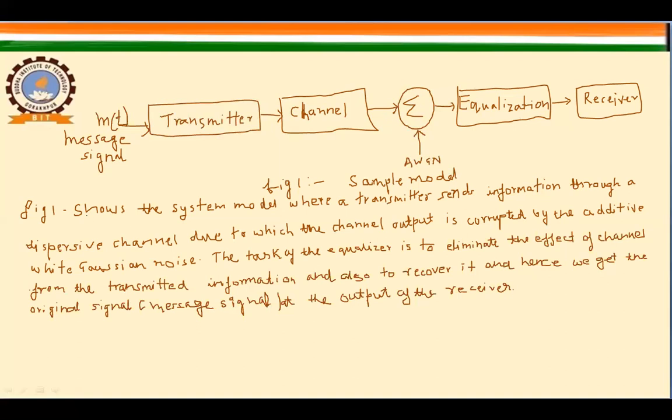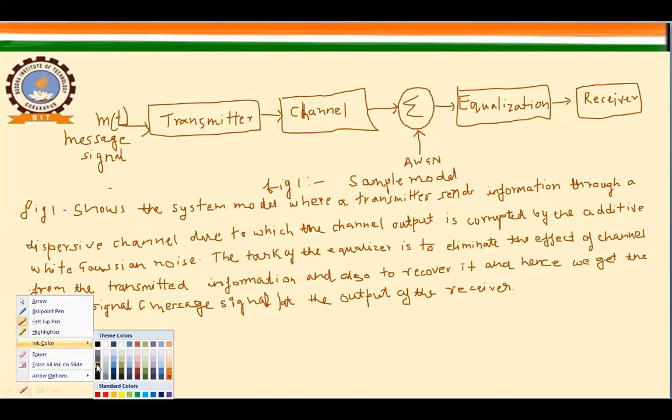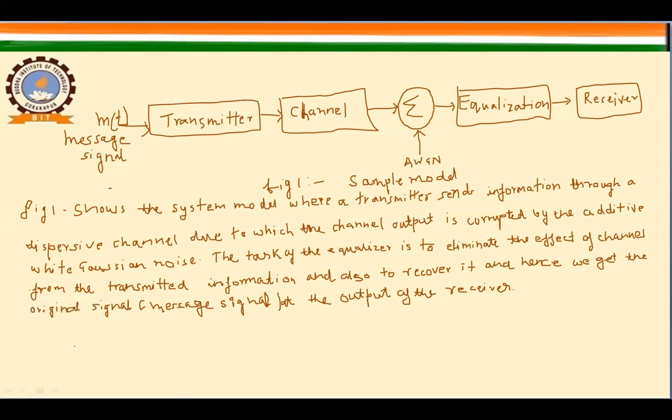We have an input signal x of t at the 4 level, which passes through the pass filter.